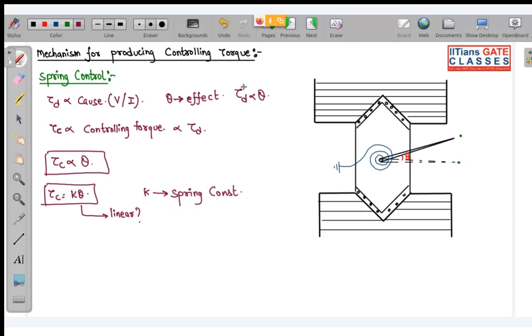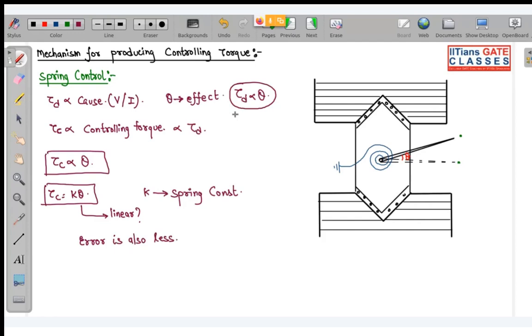I told you that TD is directly proportional to theta and TC is directly proportional to TD, hence TC is directly proportional to theta. When this relationship is linear, the error is also less. Why? Because both of them have a linear relationship. So always remember that when we have spring control, the error is less.